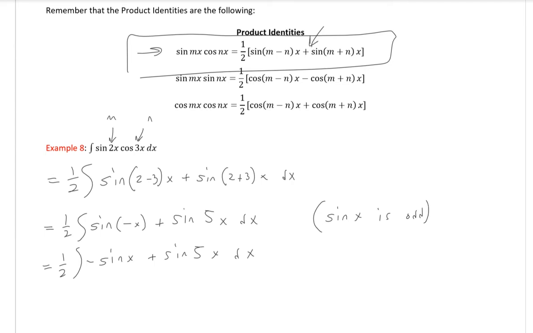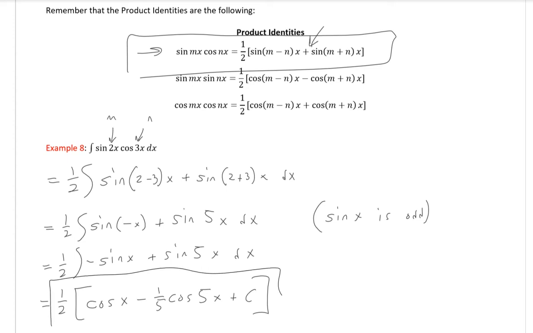That's what allows me to pull the negative out. What I get as a solution for this, for negative sine, that's actually cosine of x, since the derivative of cosine is negative sine, minus 1/5 cosine of 5x plus c. And that'd be my overall solution.